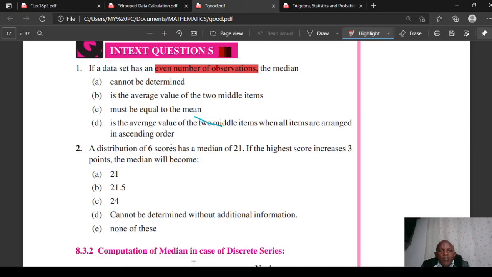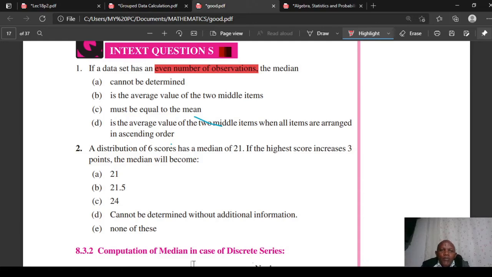C, must be equal to the mean. D, is the average value of the two middle items when all items are arranged in a descending order. What is your answer? Is it A, B, C, or D?